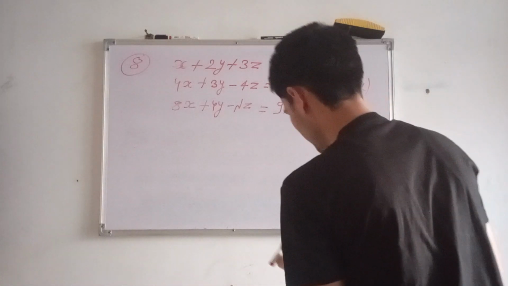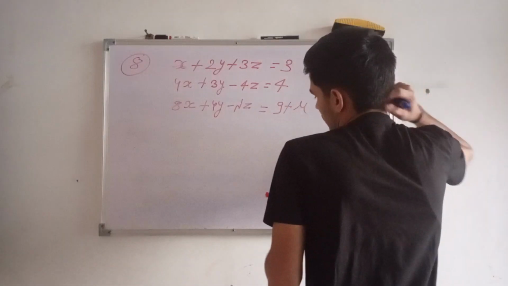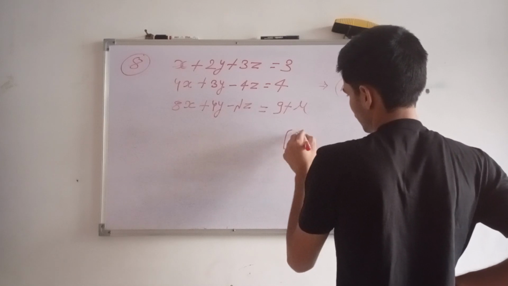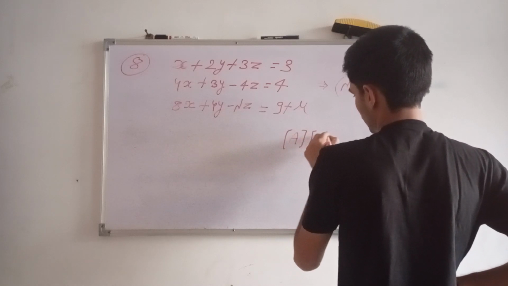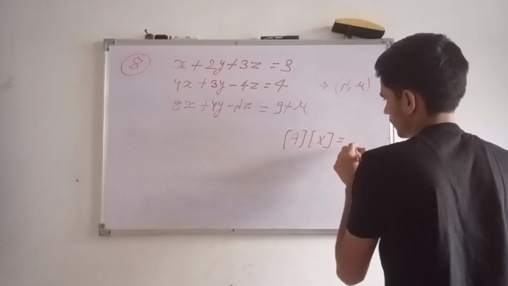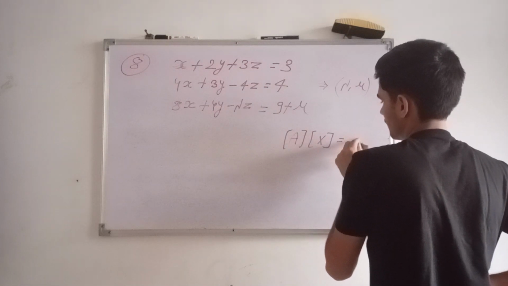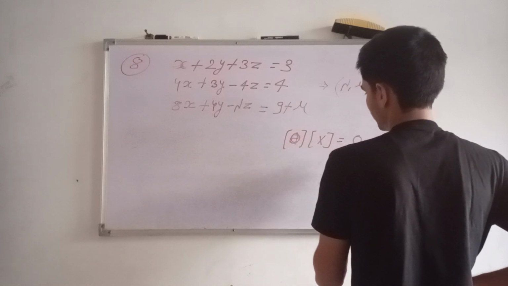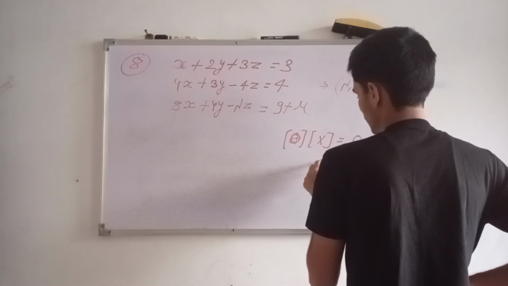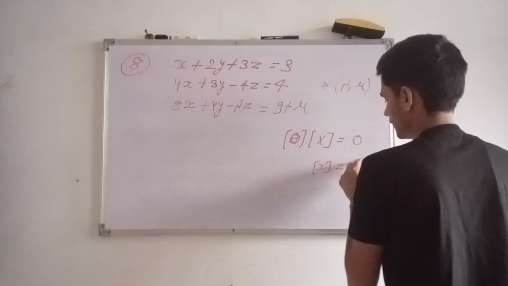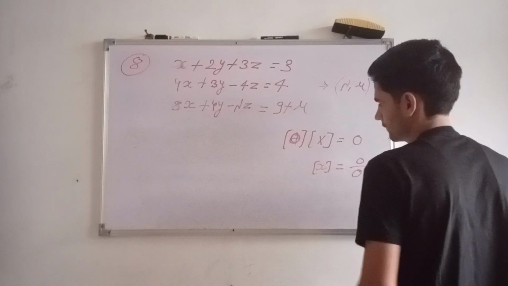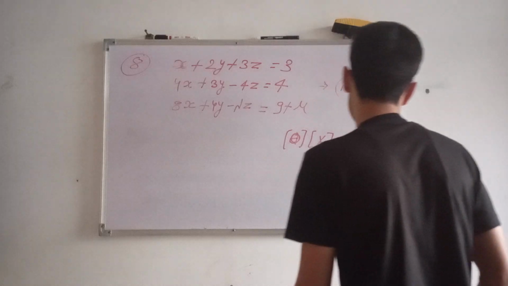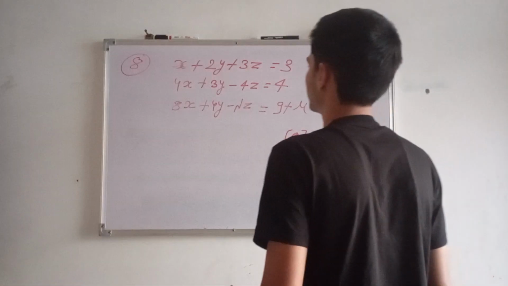When we have infinitely many solutions, when we have this form, we get 0 on both sides, because in that case we get a 0 by 0 form, which will have infinitely many solutions, any number of solutions.